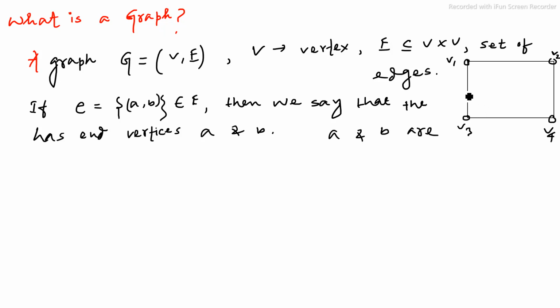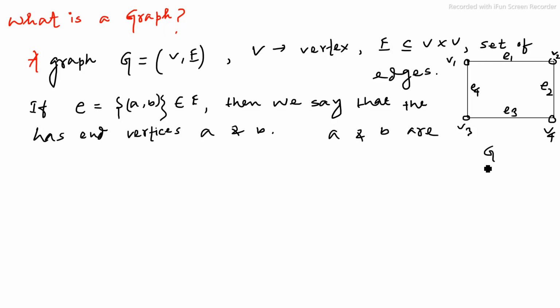And what are the edges? V1 V2 is E1, V2 V4 is E2, V3 V4 is E3 and V1 V3 is E4. So there are 4 edges and 4 vertices here.